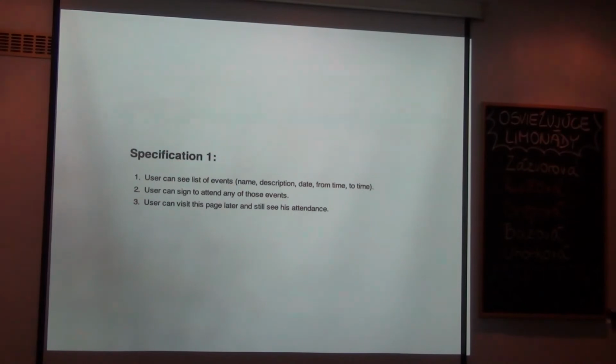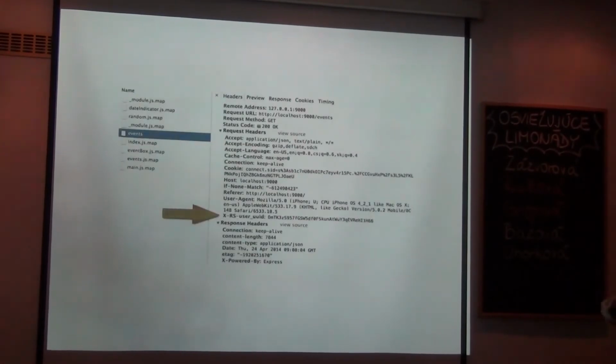This is done in general by a special header that you are sending to the API with every request. And this special header contains some kind of identification, some kind of ID that the user uses to identify himself to the API.